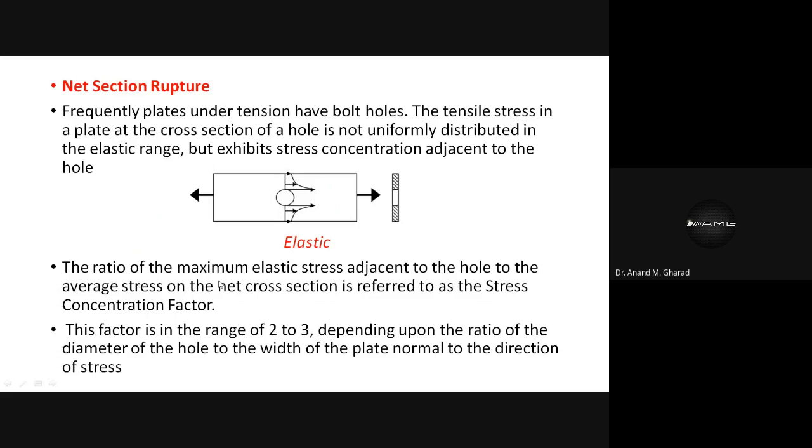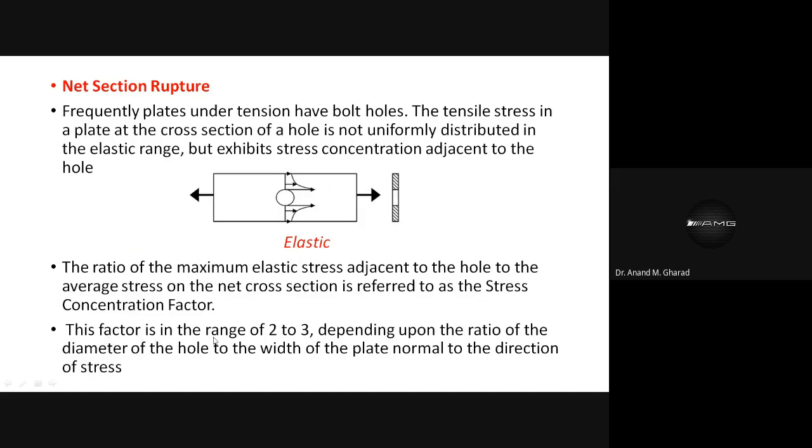Okay, the ratio of the maximum elastic stress adjacent to the bolt hole to the average stress on the net cross section is referred to as stress concentration factor. Okay, somewhere over here, the average stress parameter, that ratio is called as the stress concentration factor.